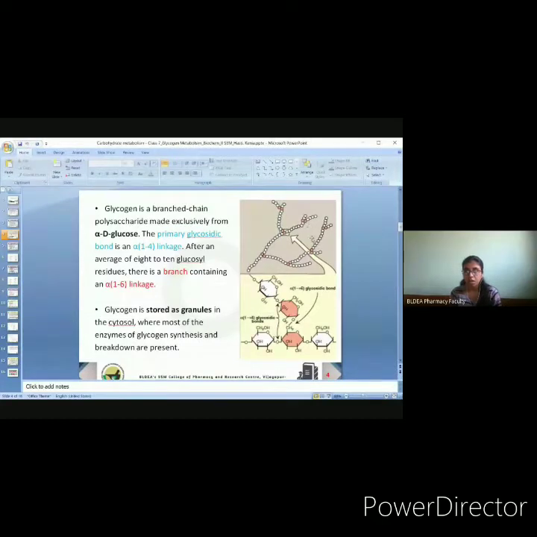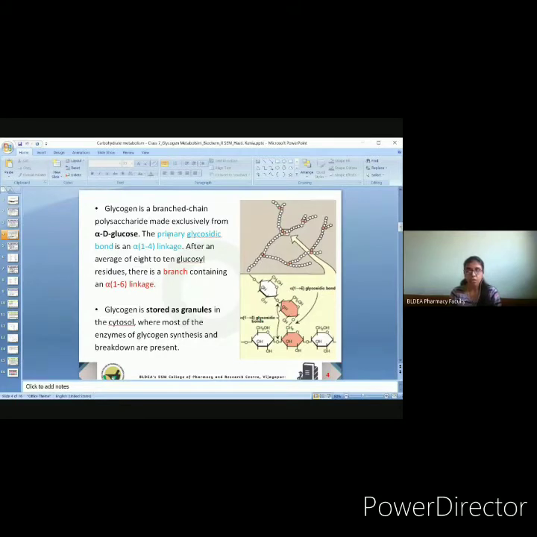There is a branching, and all the white and orange portions are glucose molecules. So particularly alpha D glucose is present in this glycogen. Now these alpha glucose molecules are linked together by either alpha 1,4 linkages or alpha 1,6 linkages.